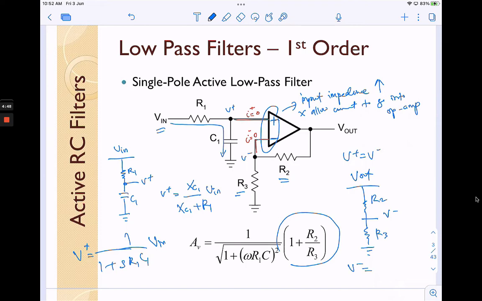V minus equals R3 over R2 plus R3 times Vout. Okay, and then this is the gain, actually Vout over Vin. So you can take V plus equal to V minus, and you can finally find the gain Vout over Vin of this first order low pass filter.